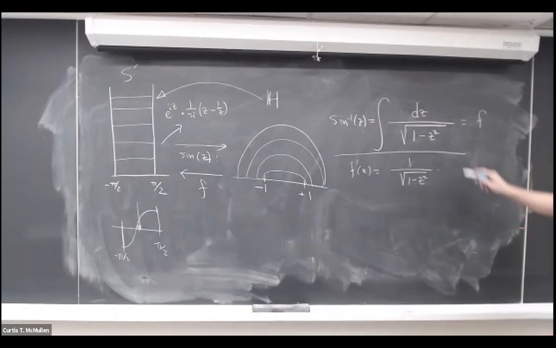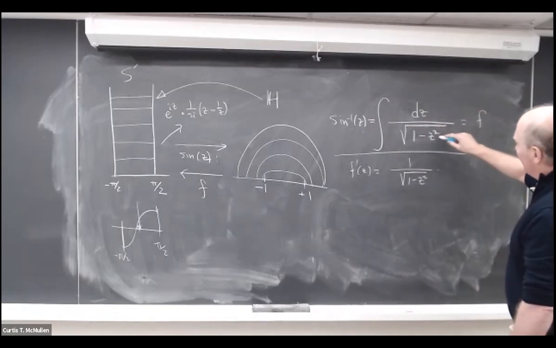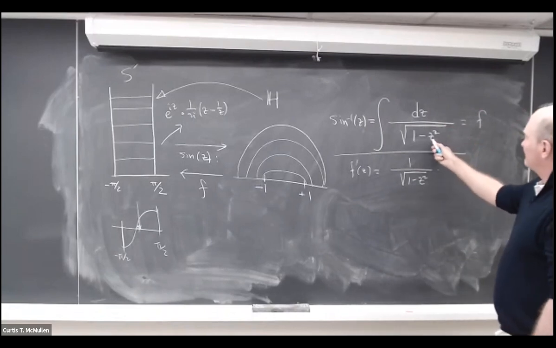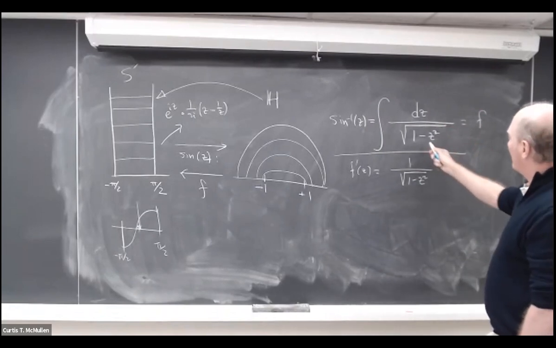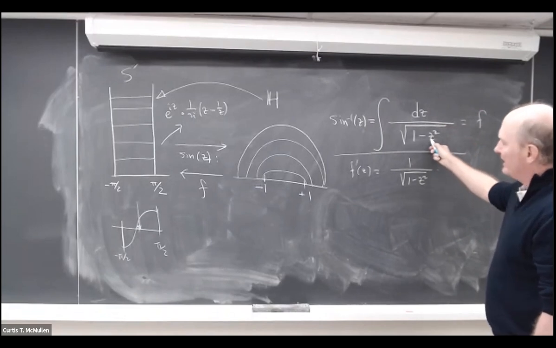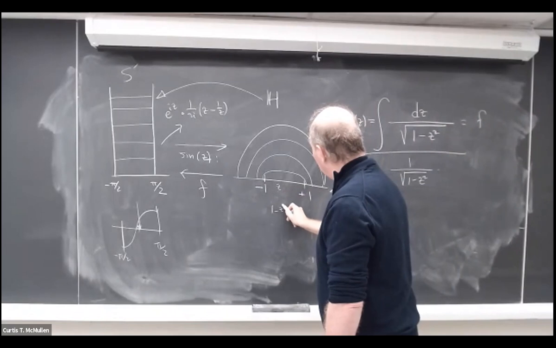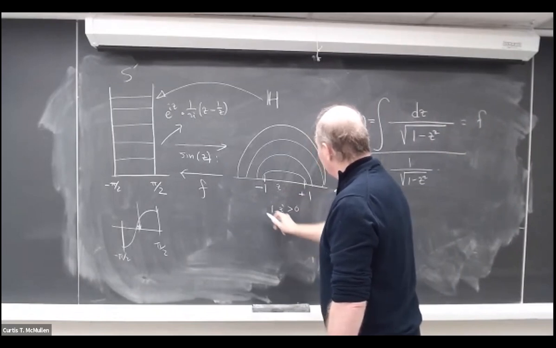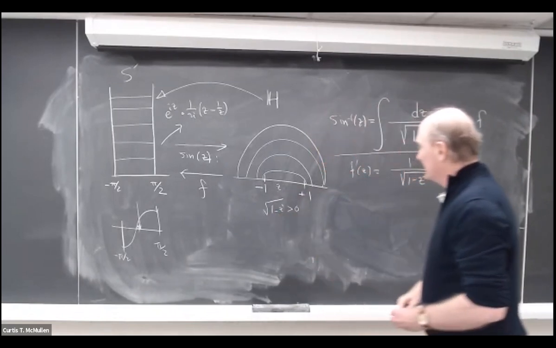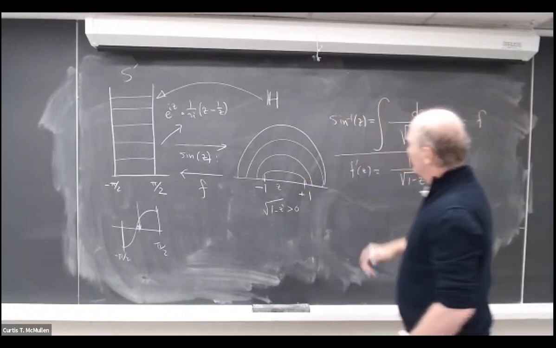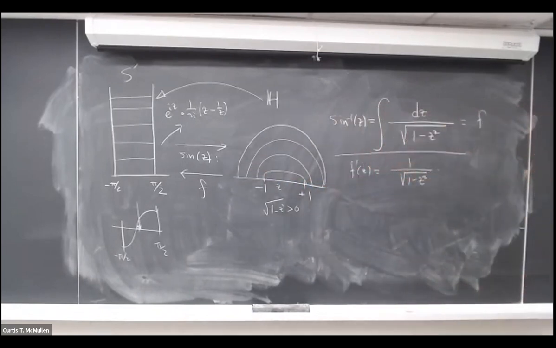Now you might worry a little bit about which branch of the square root we're taking here, but provided z is between minus 1 and 1, when z is in this region, 1 minus z squared is positive. And so we take the positive square root of 1 minus z squared there, and then we use the same branch through the rest of the upper half plane.